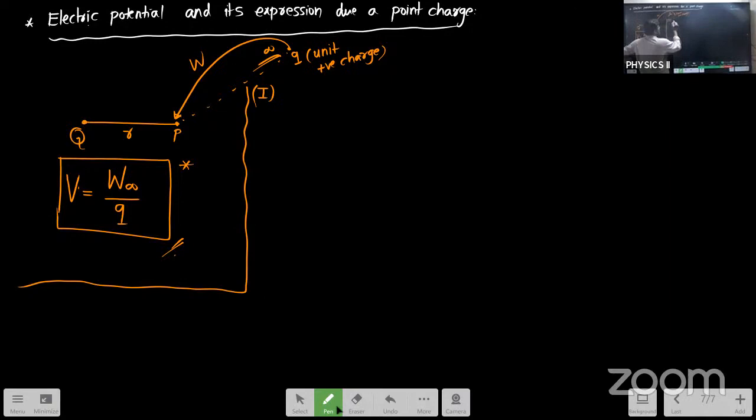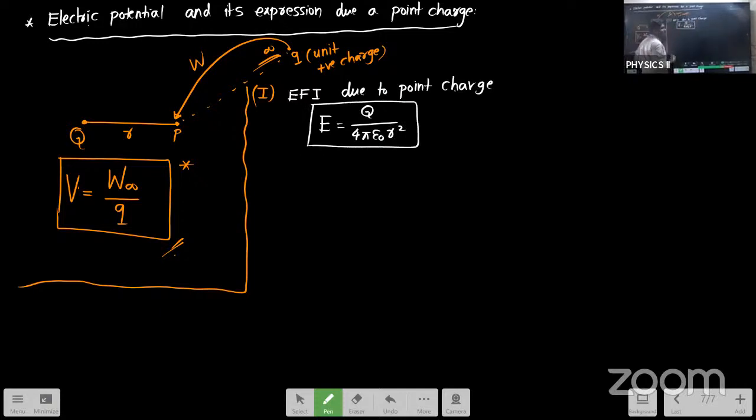Now we know that electric field intensity due to point charge, yesterday we did this. We know that it is given as E is equal to Q divided by 4 pi epsilon naught R square.